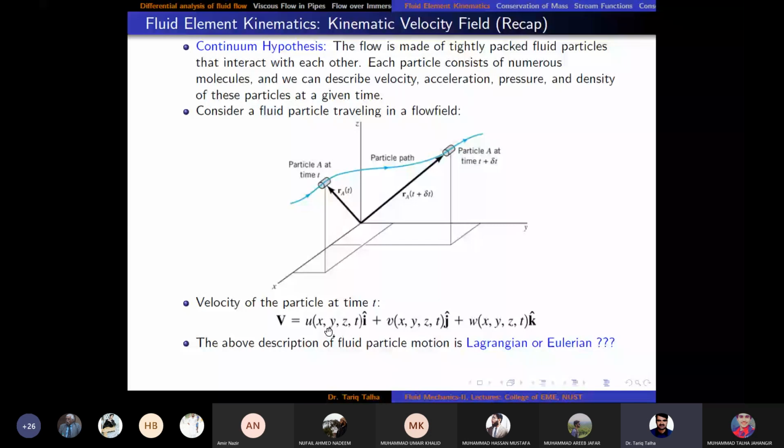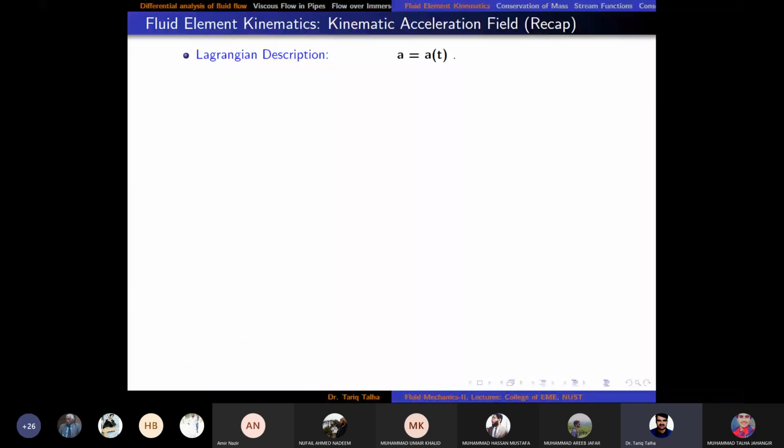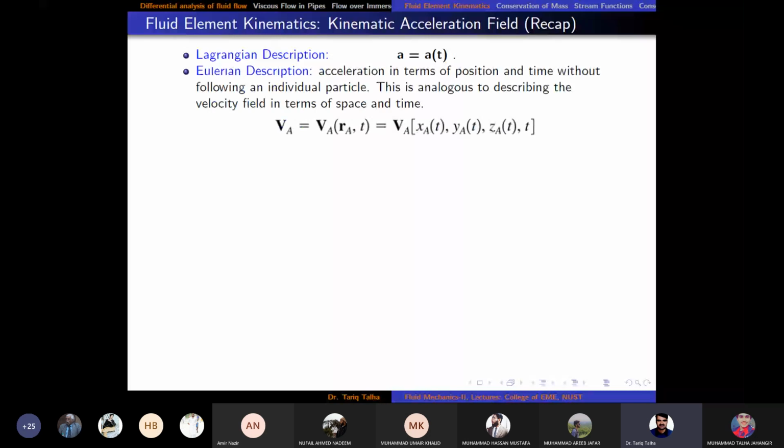Okay, and for velocity magnitude, we know that we take the squares, add them, and then take the square root. That is the velocity magnitude, a very simple thing. All these things I just put because they are from FM1. For the Lagrangian approach, the properties are only a function of time. For the Eulerian approach, they are also a function of space.